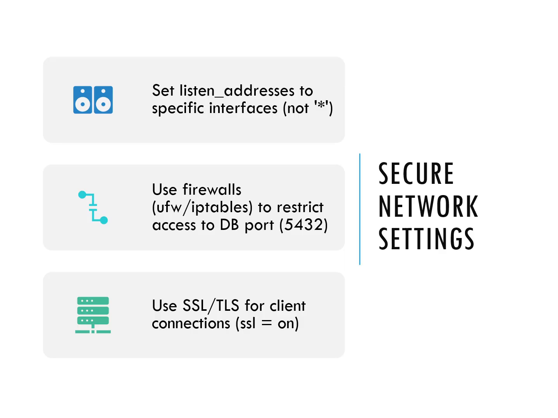You can also use a firewall such as UFW or iptables to restrict access to port 5432, so that only app servers can reach the database. You would also want to enable SSL/TLS for client connections in the configuration and point to your certificate and key files. You would never want to expose port 5432 to the public internet.